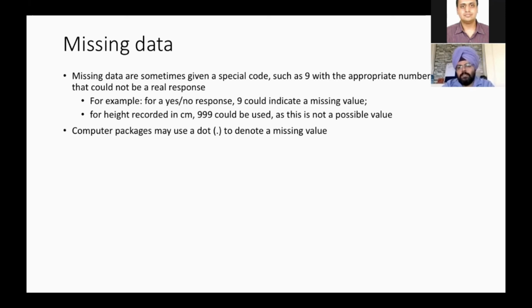So we know that this question was not answered by the interviewee. The interviewer asked the person to give the height, however, the details were not mentioned. In case of a computer package, the computer denotes the missing value usually as a dot. So there are different ways a missing value is mentioned.